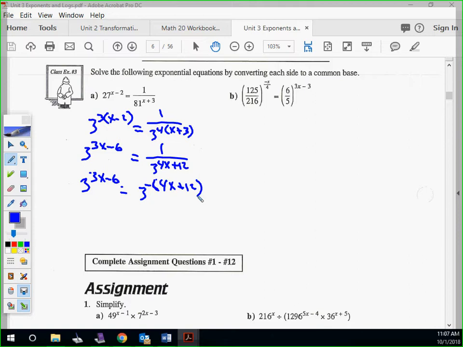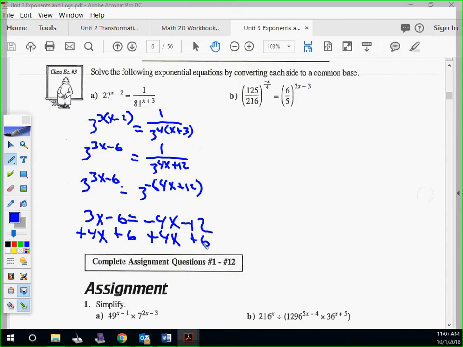Okay, so we just moved it up, so we switched the sign on it. So now we can drop the 3's, the bases. It's 3x. That's a 3, not a negative there. So we're here, right? The negative distributes in. Negative 4x, negative 12. And now we're just solving. Add the 4. Add the 6.